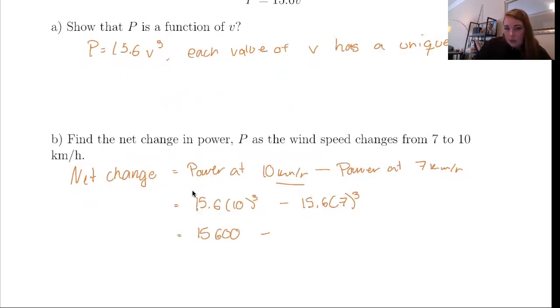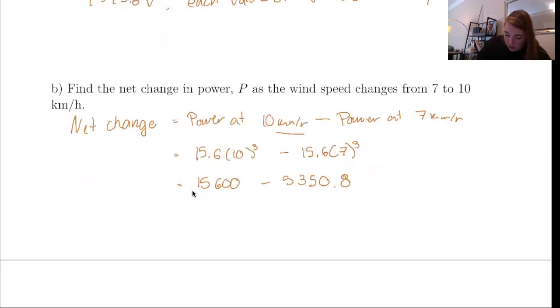Minus, if I plug this into my calculator, I get 5350.8. And you could have done this separately to the side. And we would have seen that it is going to be 10.2. And net change actually does have units. I'm just subtracting watts minus watts. So the net change unit is the same as the output.